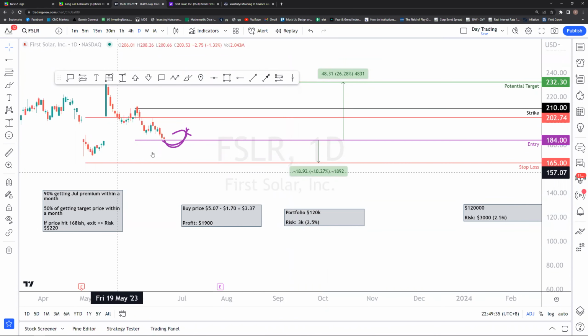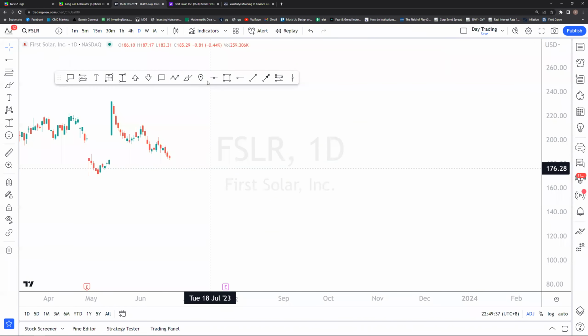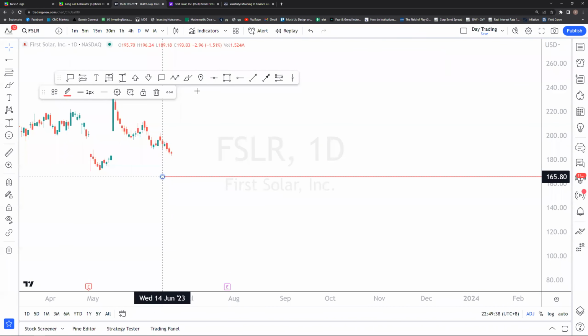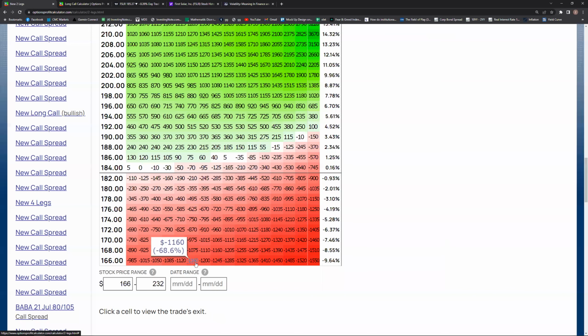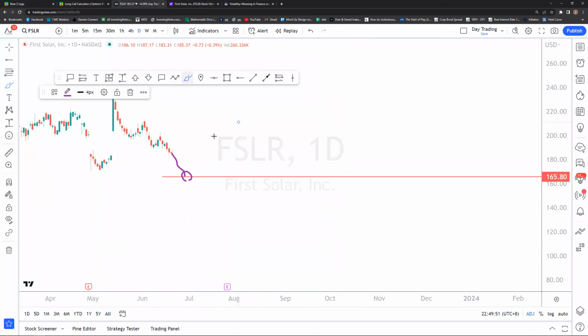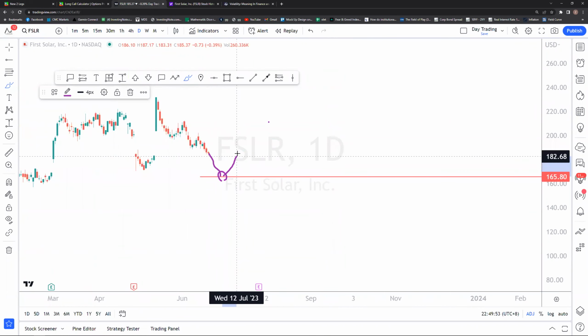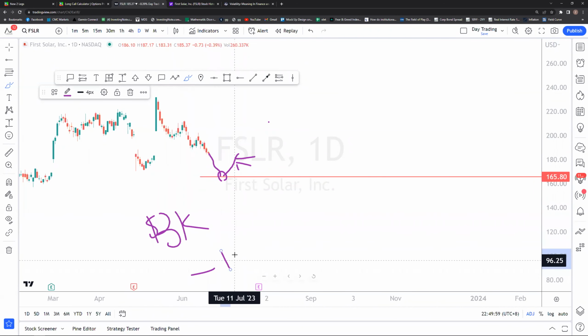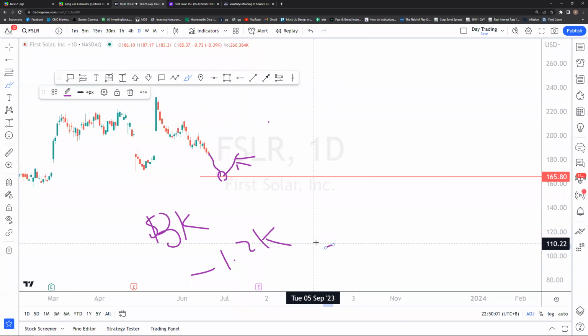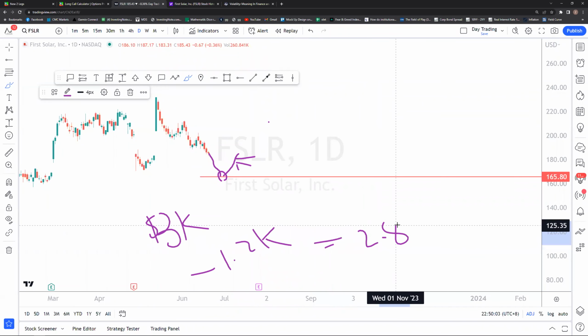Let's say price goes all the way down, and then I hit my loss. I cut my loss. I take about $1,200 loss now, and then after that, the momentum starts to come in. So my original risk is 3K, and then I lost about 1.2K. I'm still left with 2.8K.